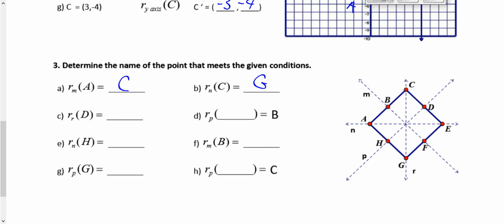And I'm going to go ahead and fill these in. You can check yourself with it. Which one? In F? How do I get B?